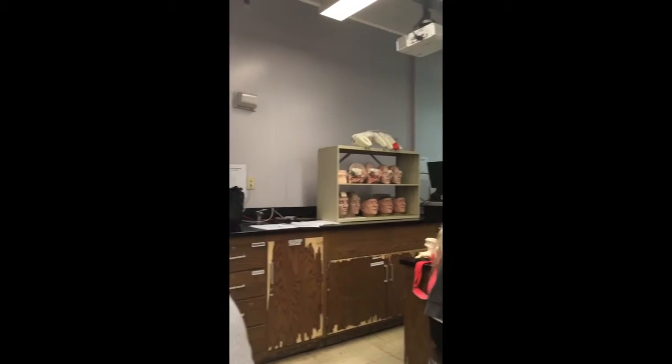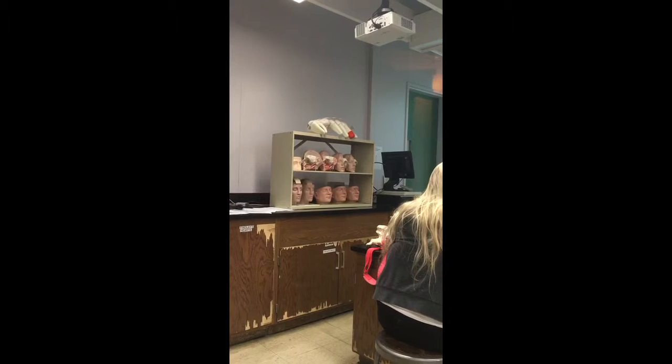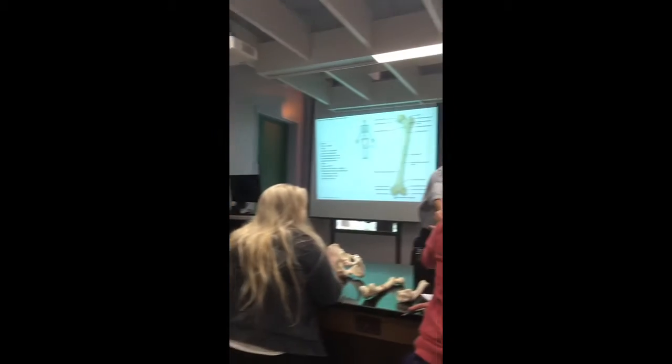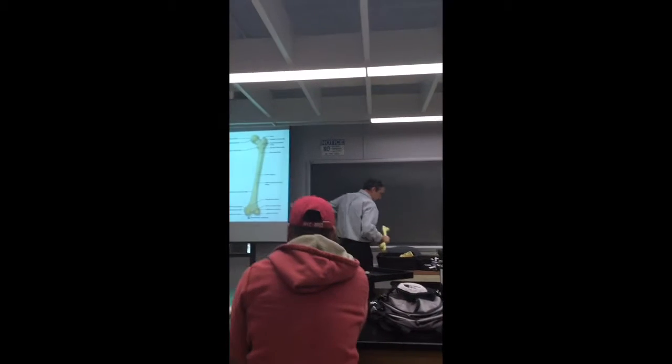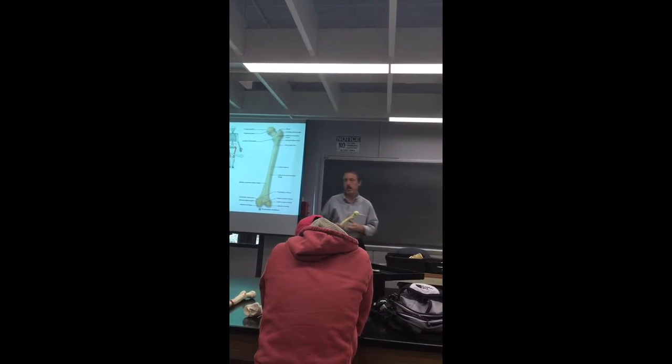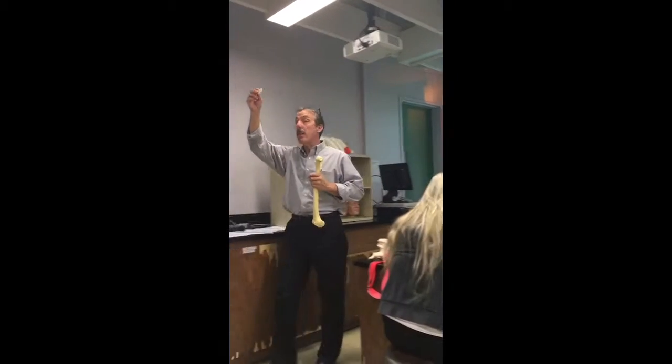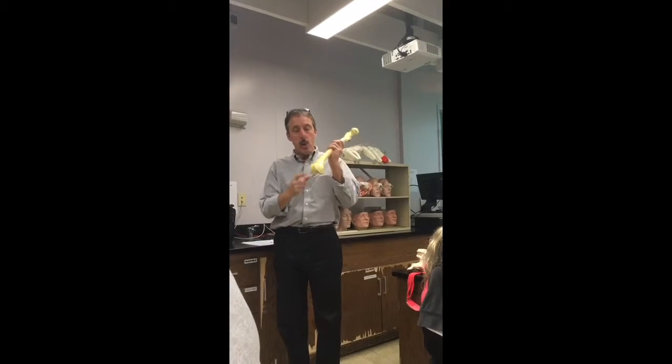One other bone I need you to take out, sorry. Take out the little triangular bone. Anybody know what this is? Patella. The patella, good, the kneecap, right? So watch this.